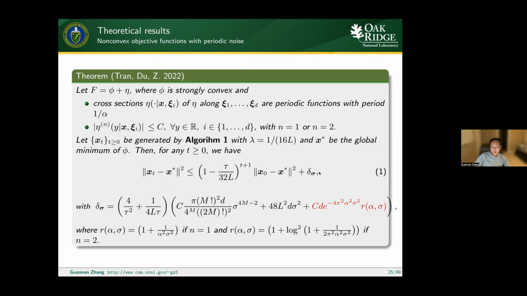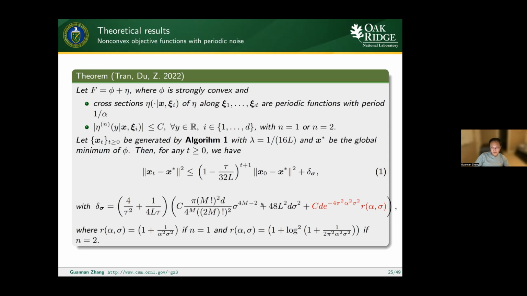And the optimization error is also represented by delta sigma. Compared to the strongly convex function, here we have an extra term. And alpha is the frequency of the perturbation or the noise, eta.